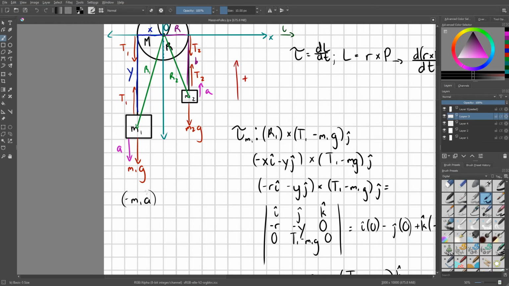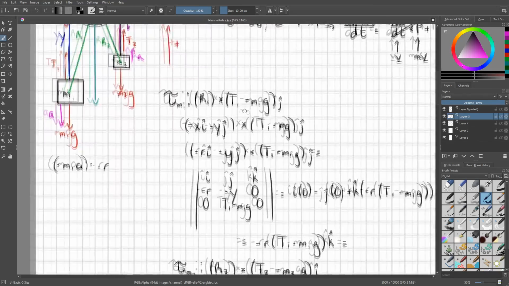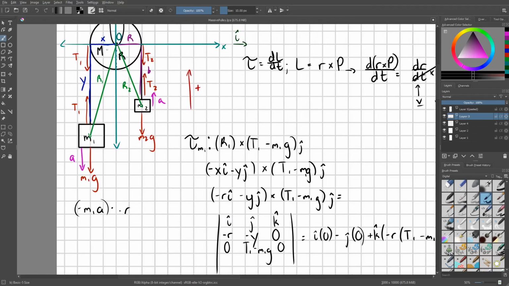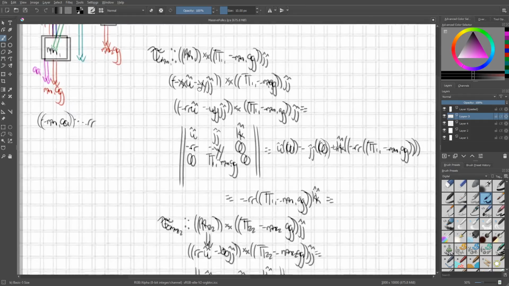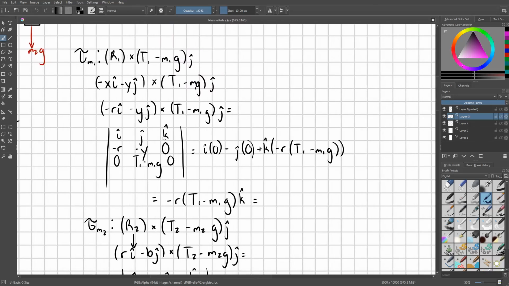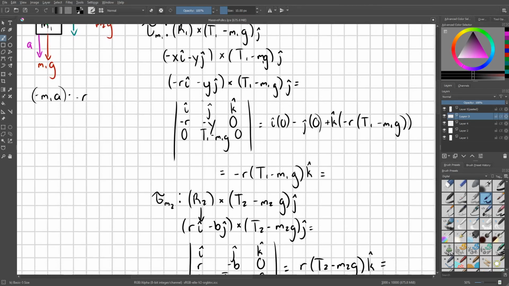So we're going to end up getting this just times negative R. I'm not going to do the full cross product because that would be redundant, and we can see that what ends up happening is that you just take this perpendicular component and multiply it with the force. So for M1, we could set this equal to M1AR.